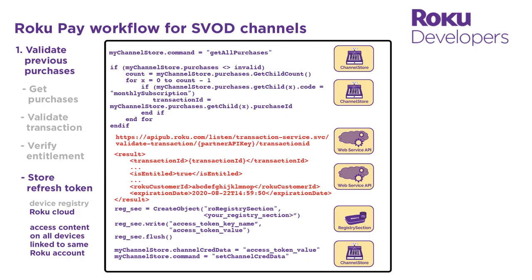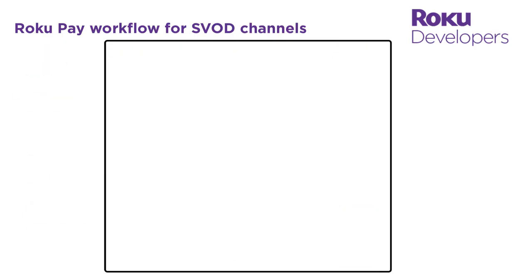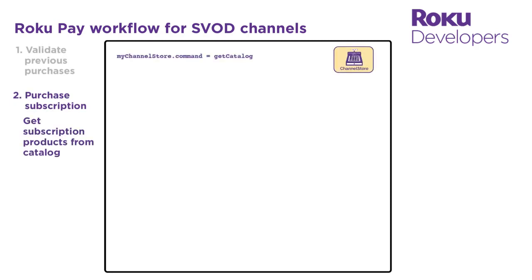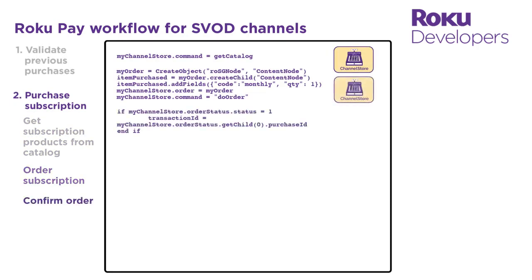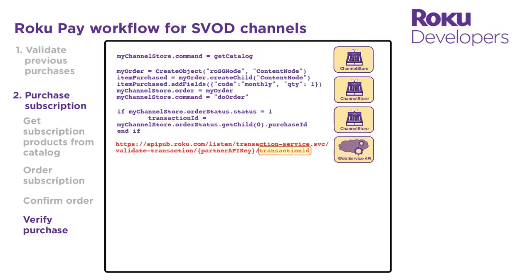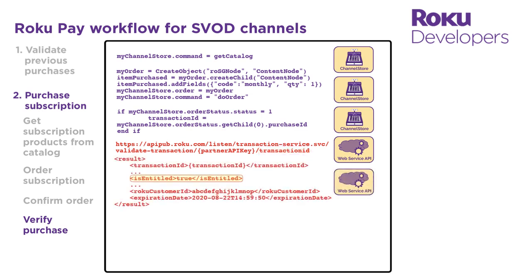Now, if the customer does not have a subscription, the channel store APIs are used to list the subscription products available for purchase, order the subscription, and verify that the purchase was completed. Once the purchase has been verified, the customer is granted access to content. On a production channel, the purchase is verified by again getting its transaction ID and passing it into a Validate Transaction Roku Web Service API call and making sure isEntitled is set to true.